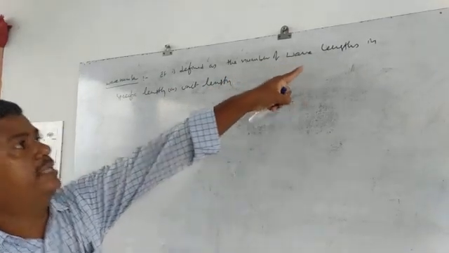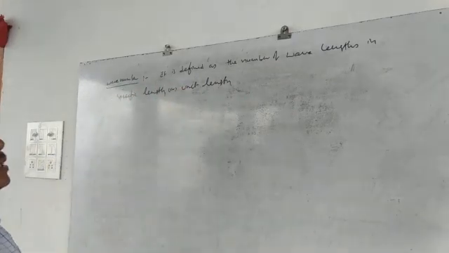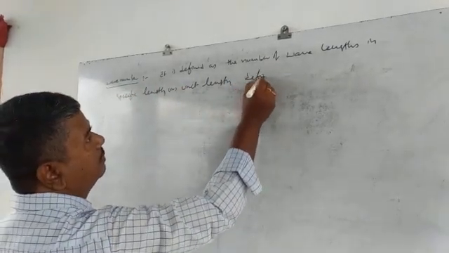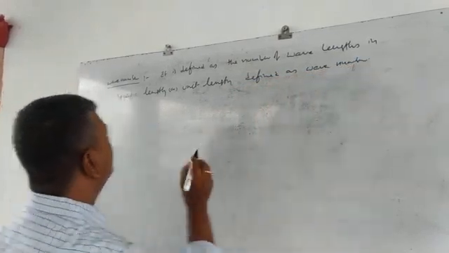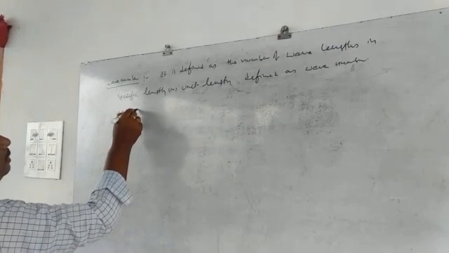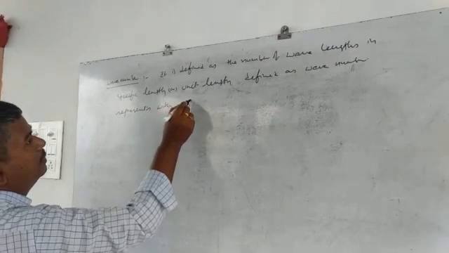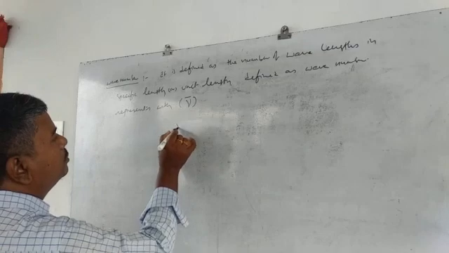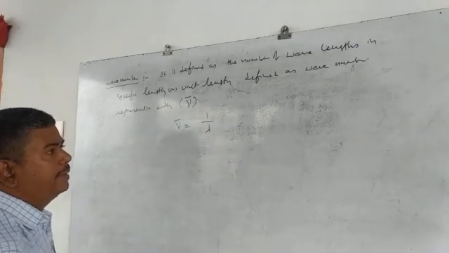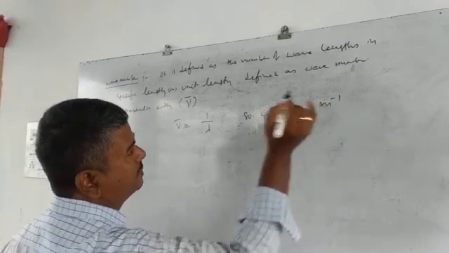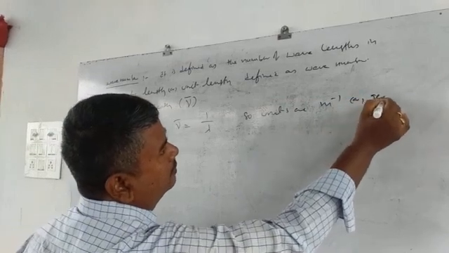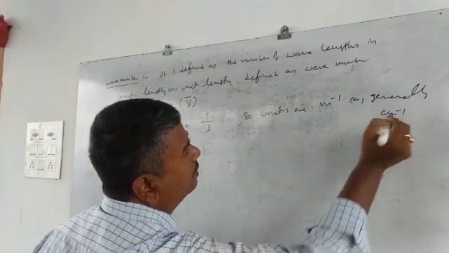It is defined as wave number and represented with nu bar. Represented with which one? Nu bar. So nu bar equals 1 by lambda. So units are meter inverse or generally centimeter inverse.